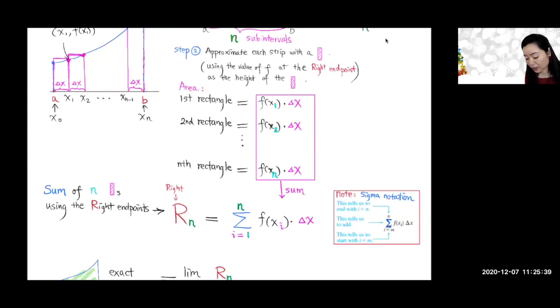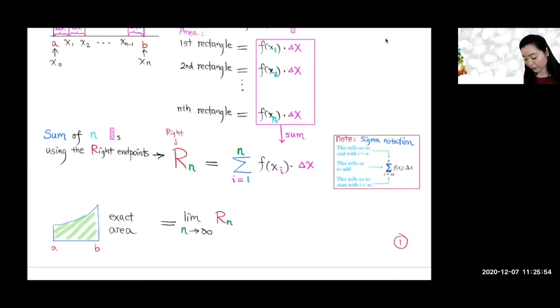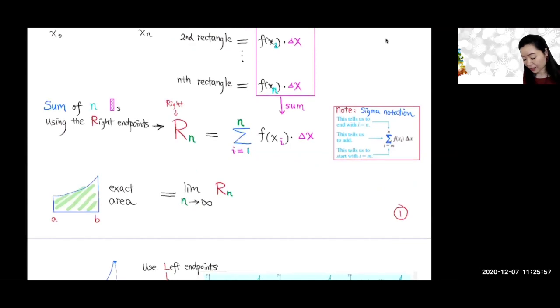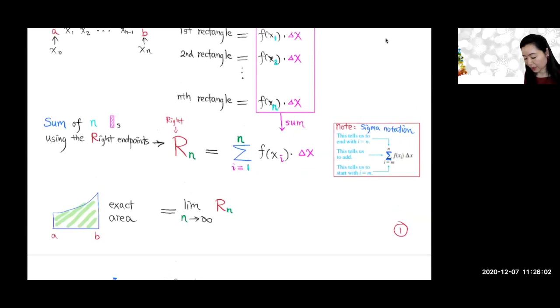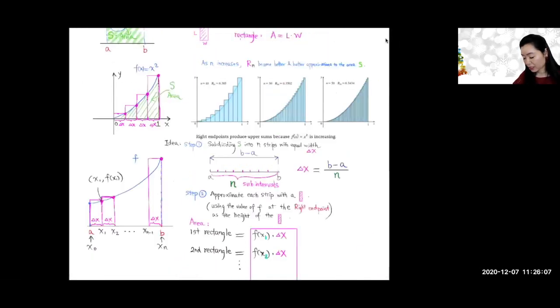It is the sum of the areas of those n rectangles using the right endpoint for the height. We define the exact area under the curve as the limit of this. As you see from the diagram, when you let n go to infinity, Rn approaches the area under the curve.